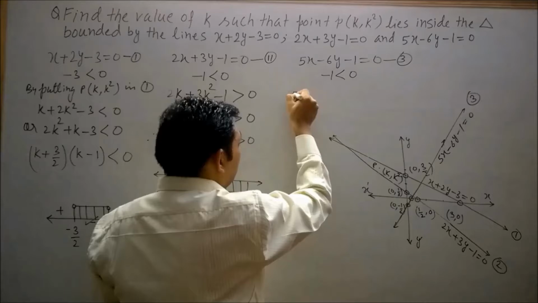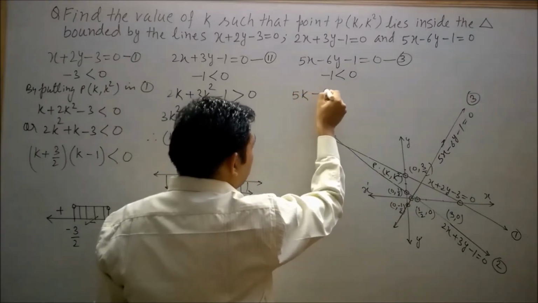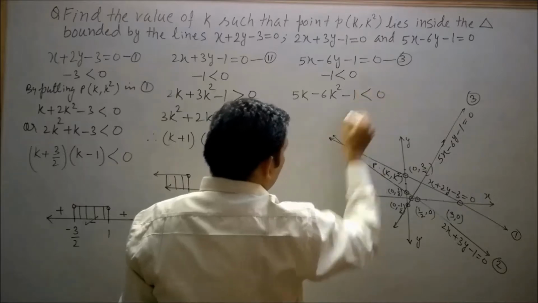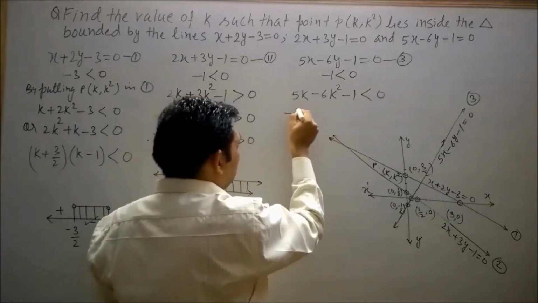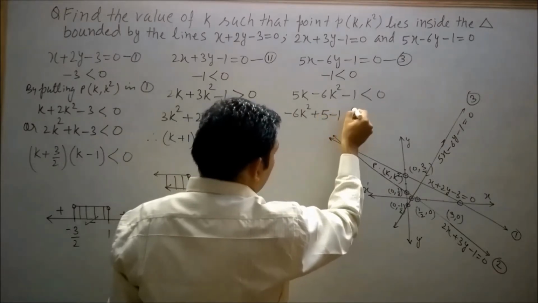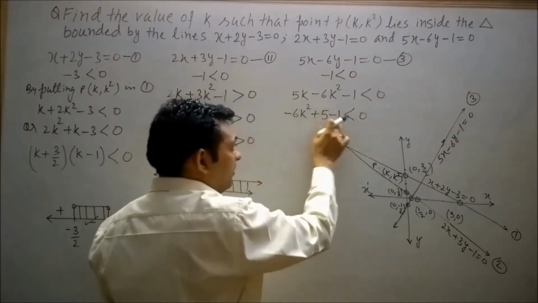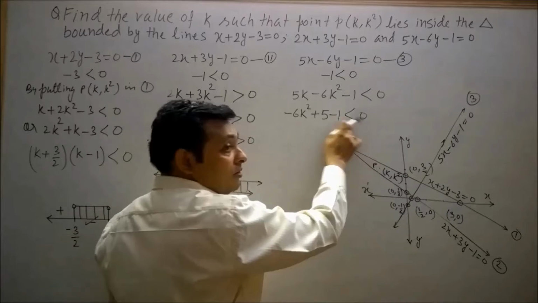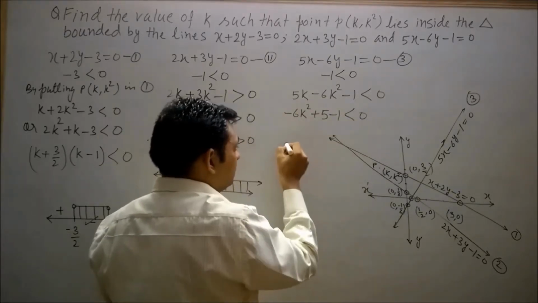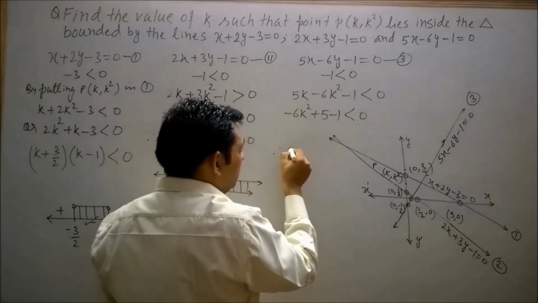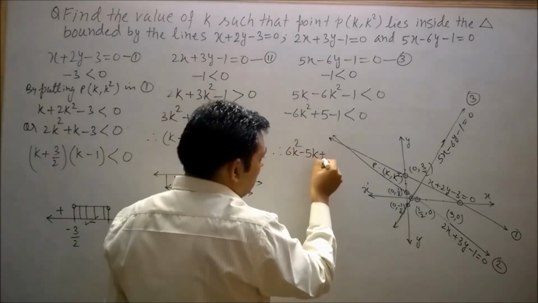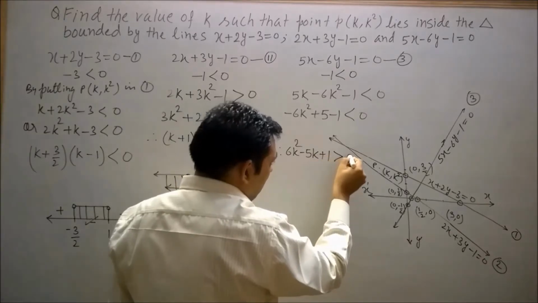Therefore, 5k minus 6k square minus 1 is less than 0. Or we can say minus 6k square plus 5k minus 1 is less than 0. Now multiply both sides of the inequality by minus 1. Then the sign of the inequality will be reversed. Therefore, 6k square minus 5k plus 1 becomes greater than 0.